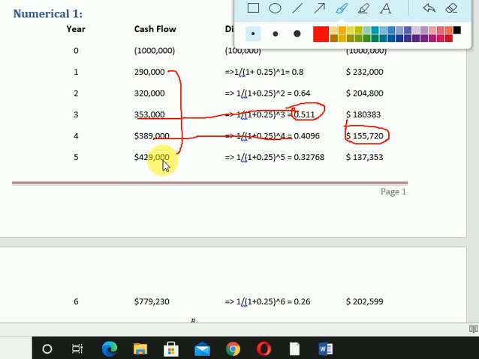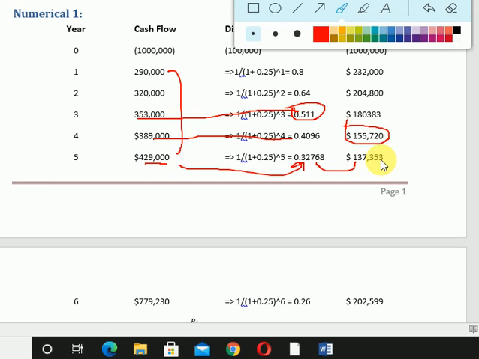In the 5th year, similarly, we will receive 4,29,000. We multiply this by its discounting factor 0.32768, and its present value equals 1,37,353. This means that after 5 years when we receive 4,29,000, today its present value is 1,37,353.